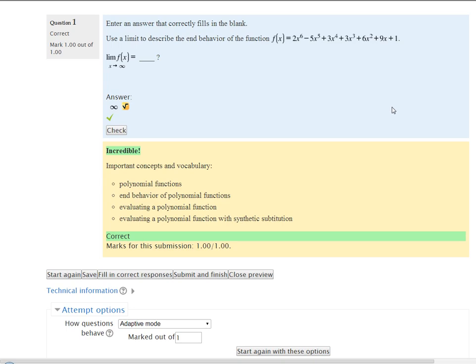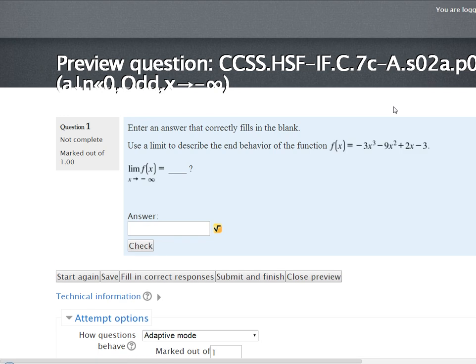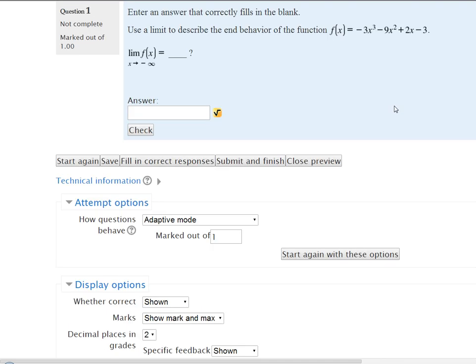Okay, so how about this guy? Let's look at. Let's see. Odd. Less than 0. Let's try that. Okay, what about that one?